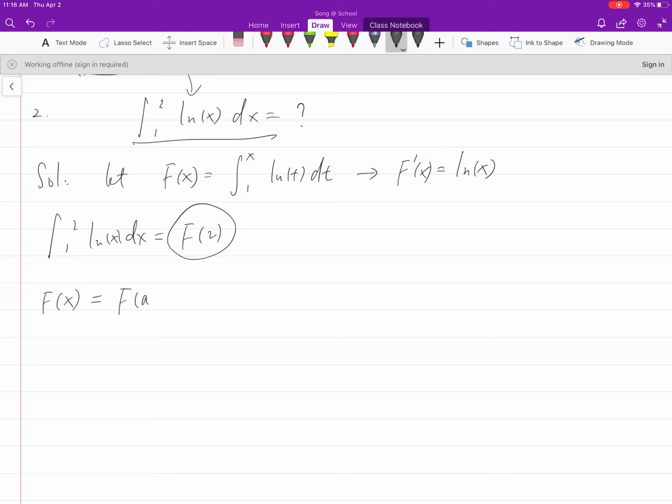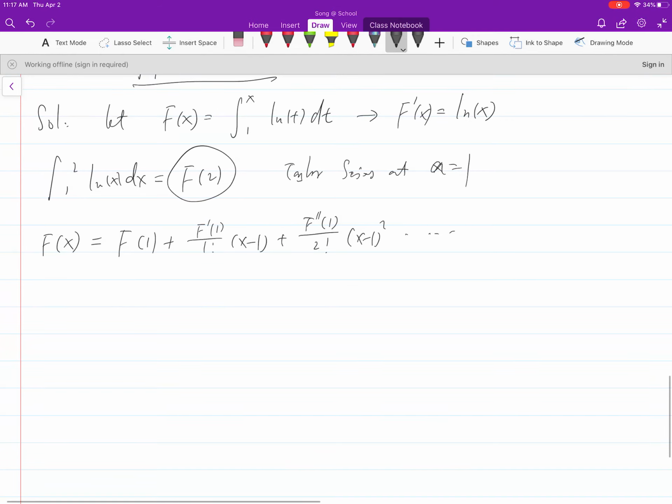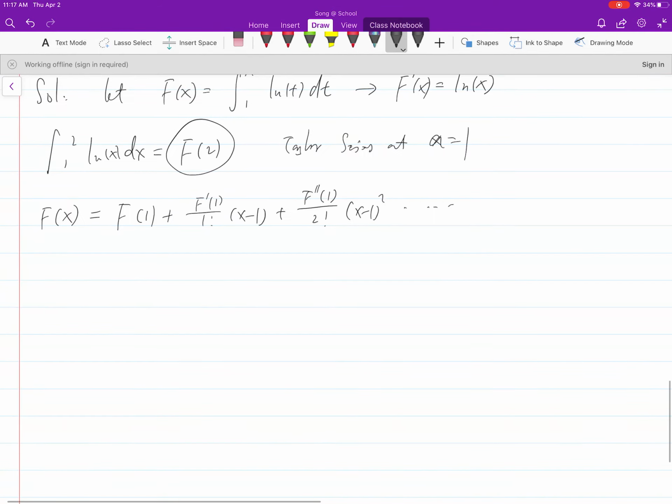Well, let's find out f(x). Using the Taylor series at a equals 1, f(x) is going to equal f(1) plus f prime(1) over 1 factorial times (x minus 1), plus f double prime(1) over 2 factorial times (x minus 1) squared, and so on.